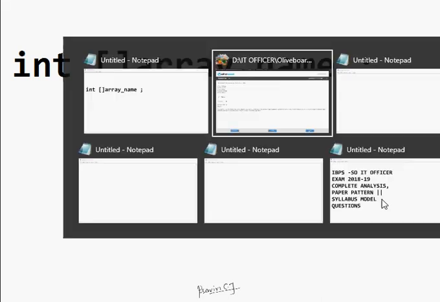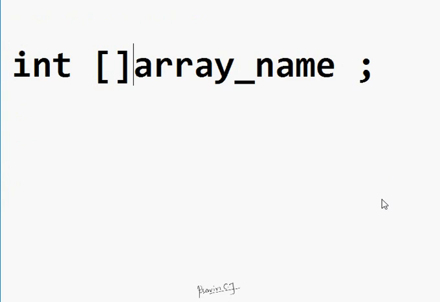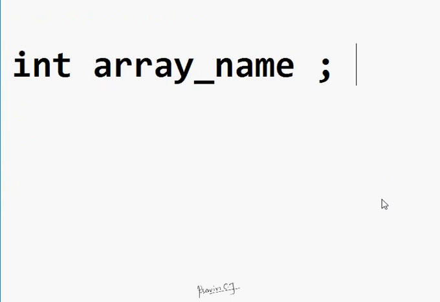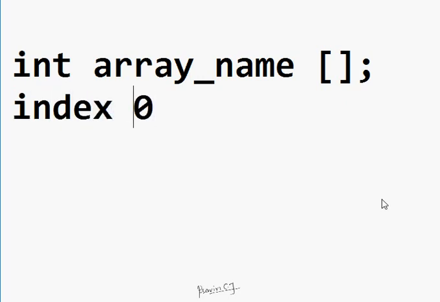Okay, the question is, what is this first element? The array index starts from 0. Array index starts from the 0th location. The first element will lie at the 0th index. That is the important thing about the array.